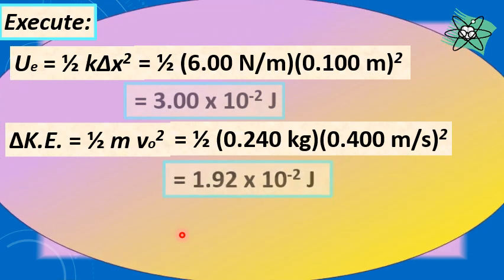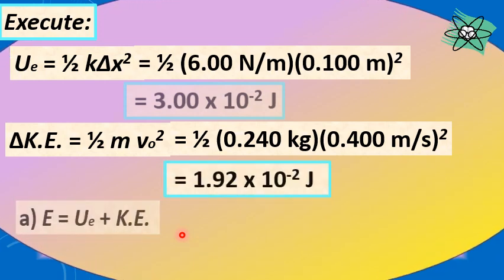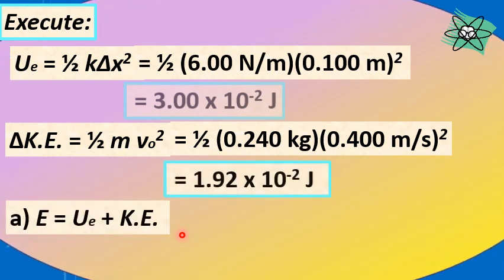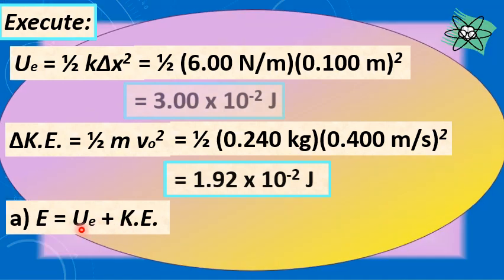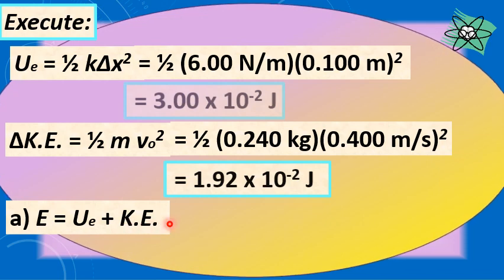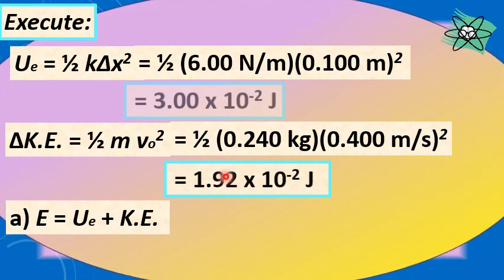So, our answer to question letter A, therefore, is getting the total mechanical energy of the system, denoted here by capital E, which is just the sum of the elastic potential energy and the kinetic energy that we just computed here.